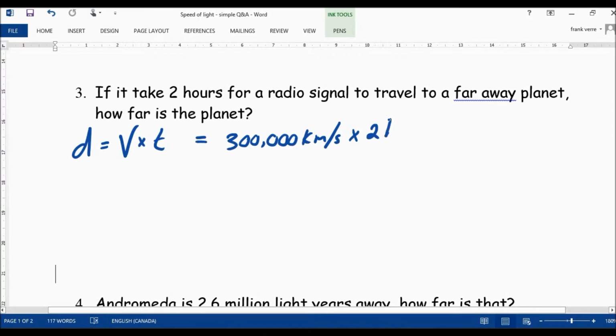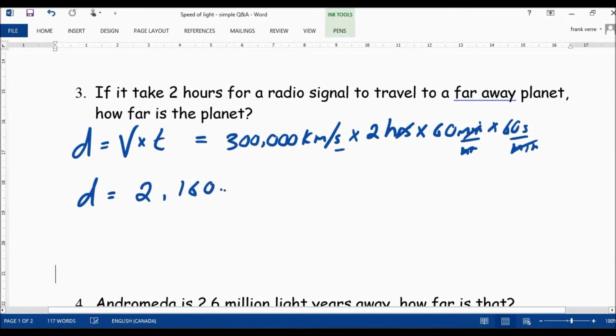Now we need our unit to be in seconds, so it would be 2 hours times 60 minutes per hour times 60 seconds per minute. And again, like before, this cancels out to give you an answer in just seconds. Alright, so if we work this out, our distance is 2,160,000,000 kilometers.